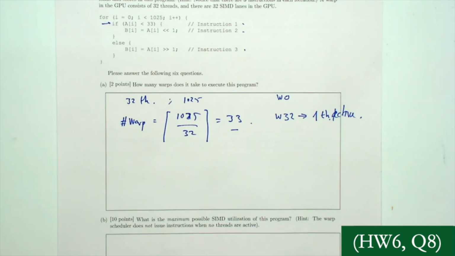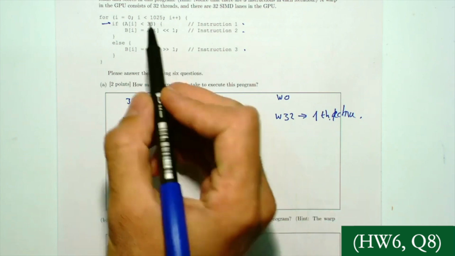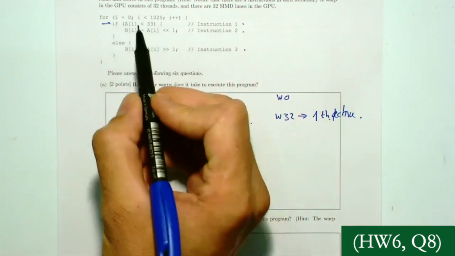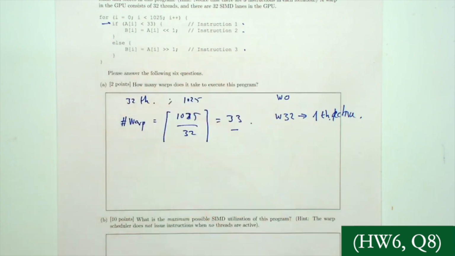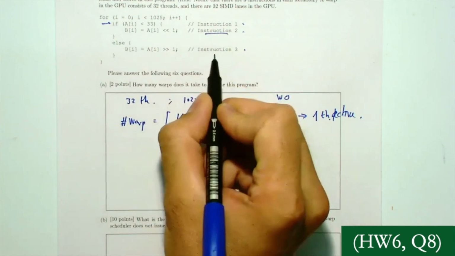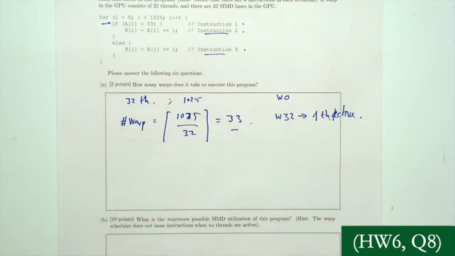So there is no possible divergence there. We are going to have 100% utilization for this instruction always. But then there is a possibility that the threads within the same warp diverge, and part of the threads execute instruction 2, and another part execute instruction 3. This is not the case that we want to consider. The case that we want to consider is where there is no divergence. In this case, we will have maximum utilization.